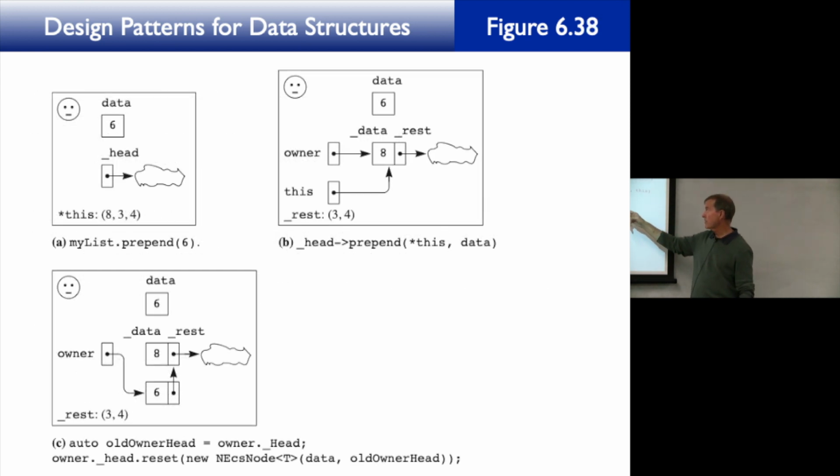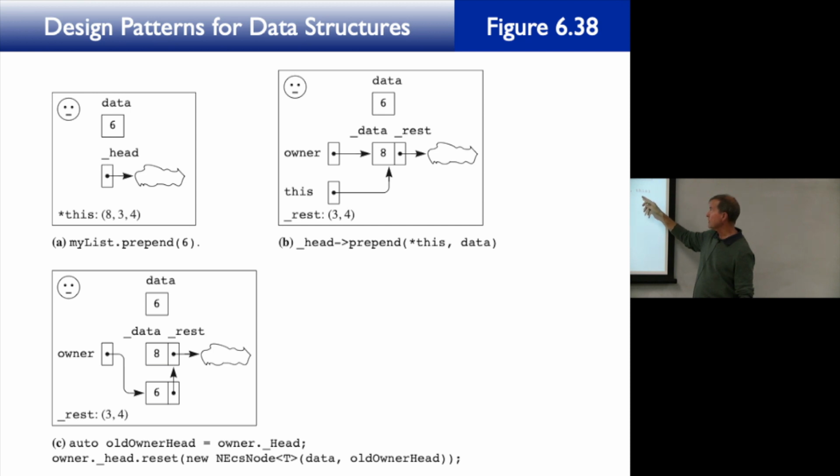So what is this? When we do new non-empty node, what does that do? That sets up a new non-empty node, right? And this is the constructor, and what are we giving it? A data and a node. This is a node. Are you with me? And it returns the pointer to that.